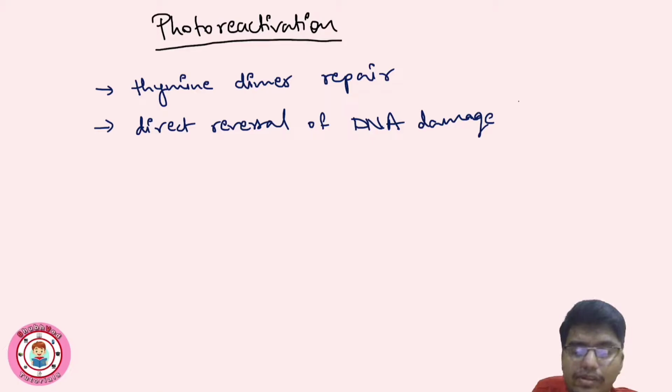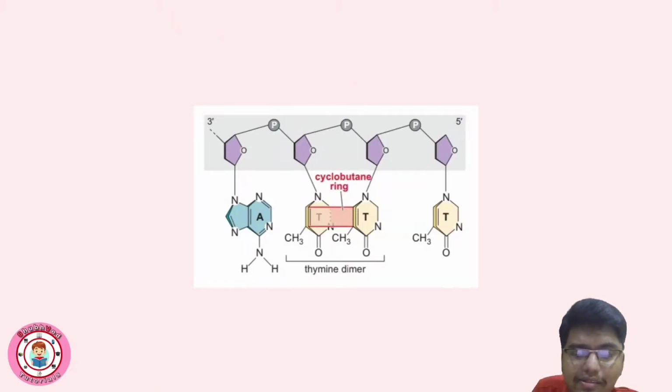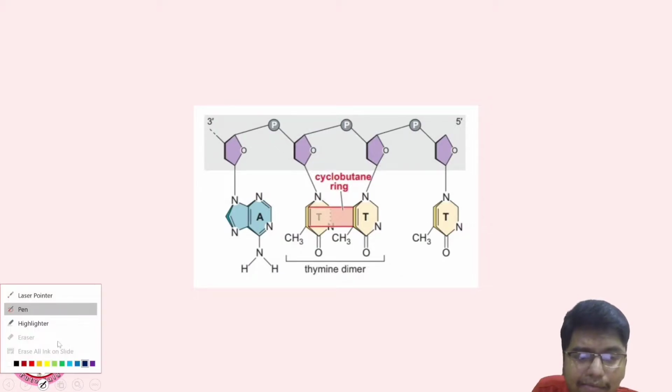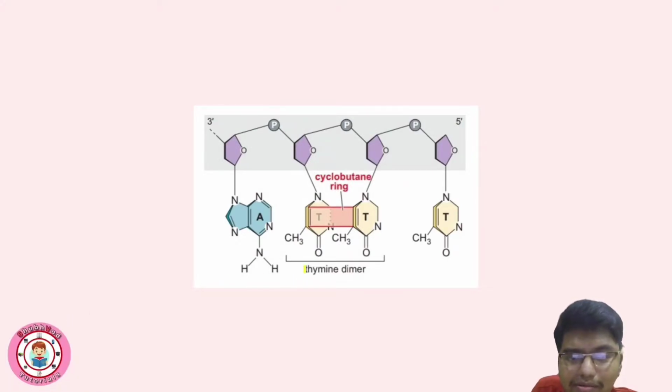So let's see what dimerization is first of all. This is a thymine dimer. Basically, pyrimidine dimer formation takes place. Two thymines adjacent to each other get paired to each other.